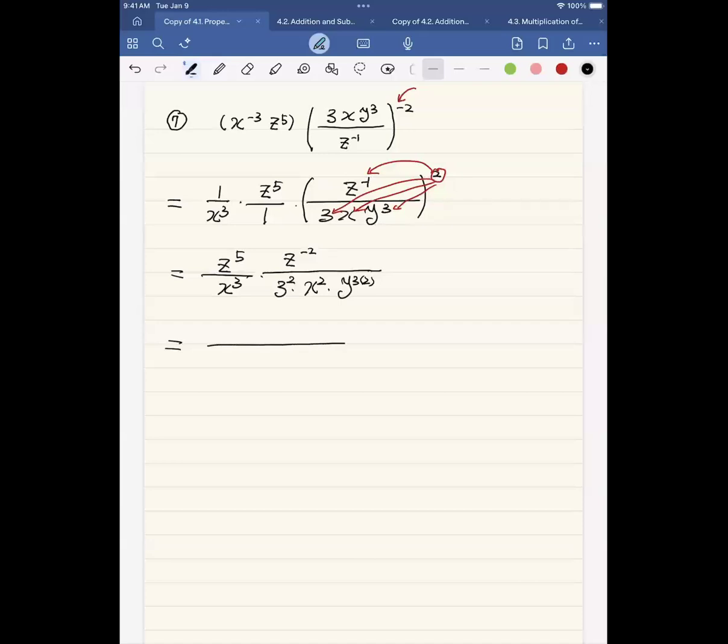Usually we write the number first, so let's write the number first. 3 squared is 9, so let me write down 9 here. And then the same characters together, x cubed times x squared times we have y to the 6th power, and then z to the, we have 2z.